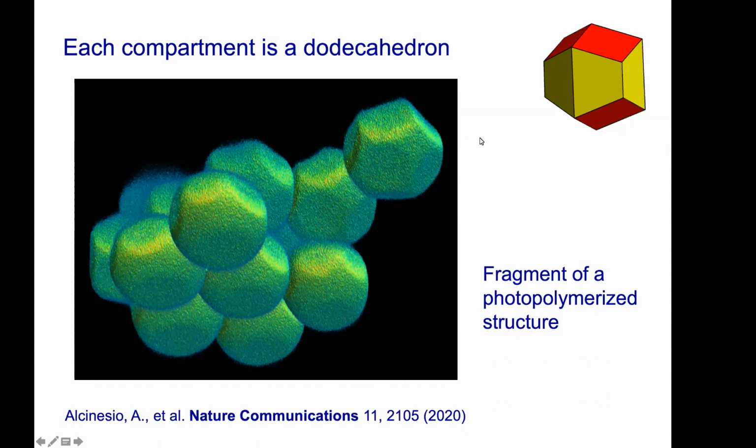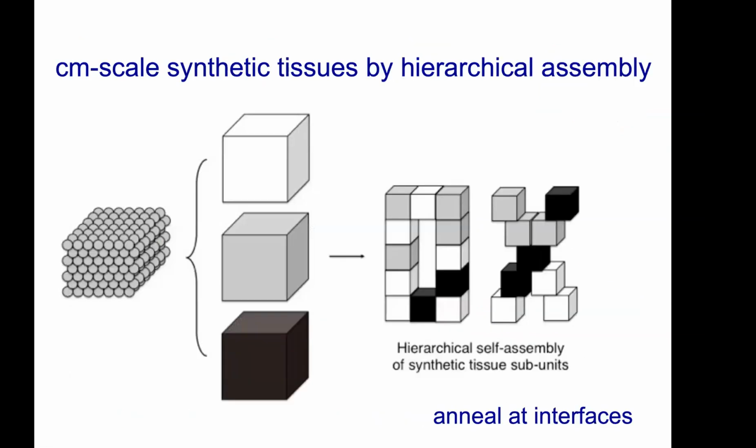So these are droplets that have been printed and then photopolymerized, and this is a fragment of them. And of course, if you think about it, it's obvious that these droplets are not just like squashed soccer balls. They are actually dodecahedra when they're packed very tightly. And you can see that beautifully in this image.